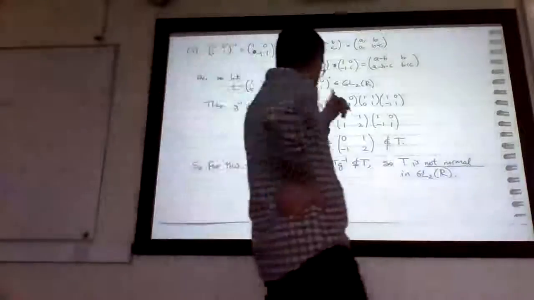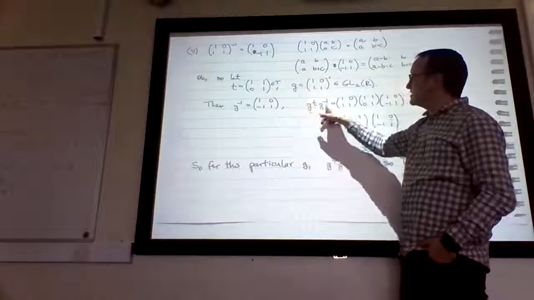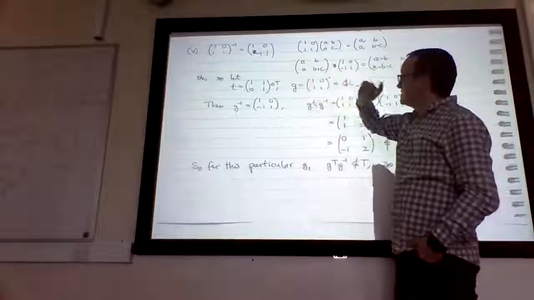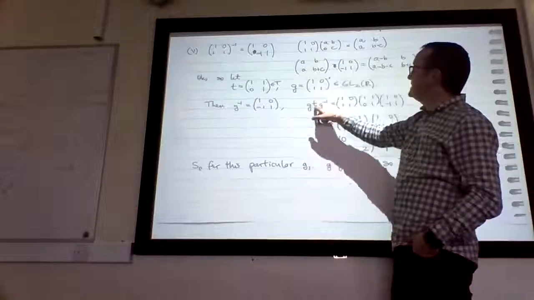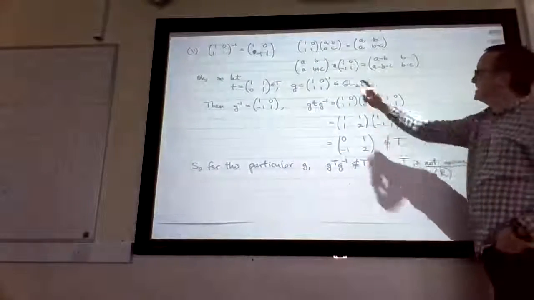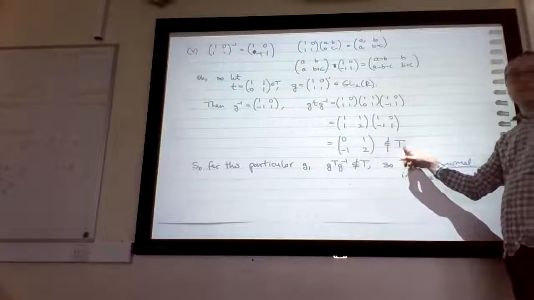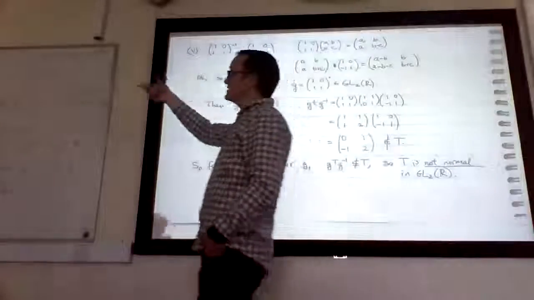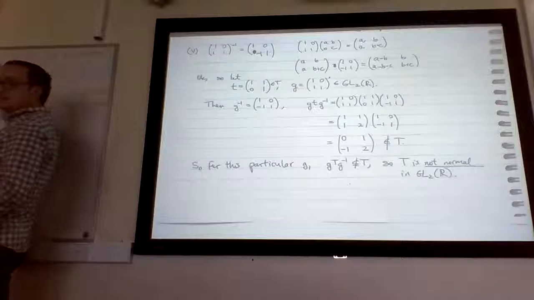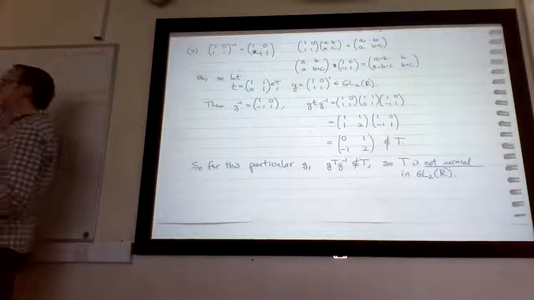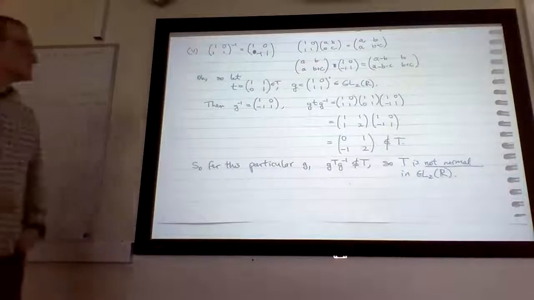So if you zero in on the crucial equation here, he's found a particular matrix G such that when you conjugate a particular little t by G, you end up outside of T. So what he's found is a counterexample to this condition, which will prove that T is not normal within the general linear group.